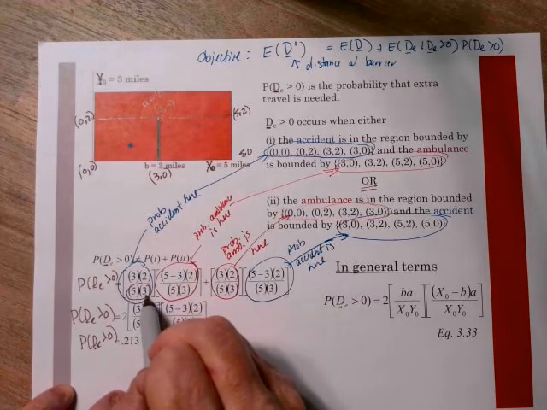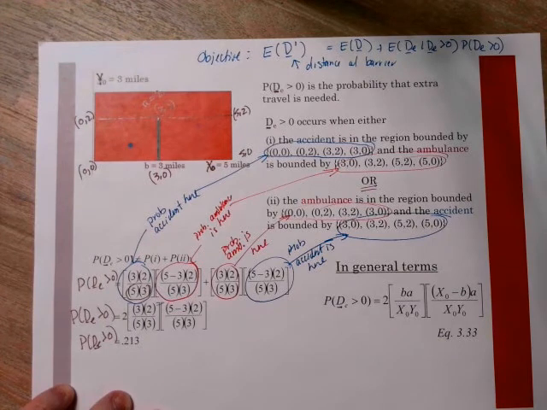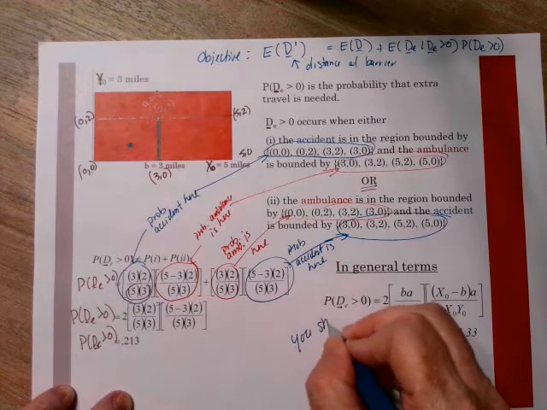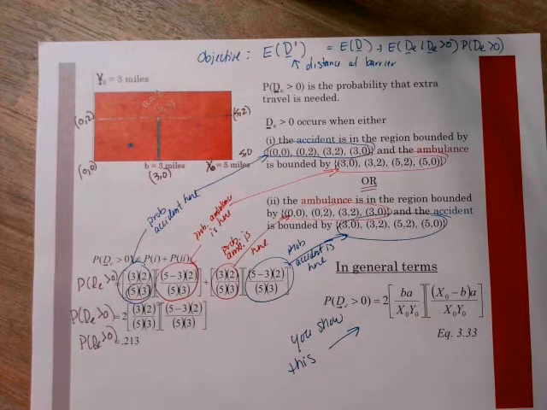Wherever I see this 3, I replace it with a Y naught. And I'm really going to encourage you to do this. It's good for your algebra muscles anyway. So that's the general equation that's actually in the textbook, equation 3.33.